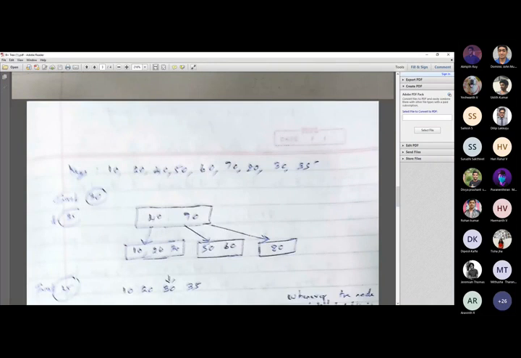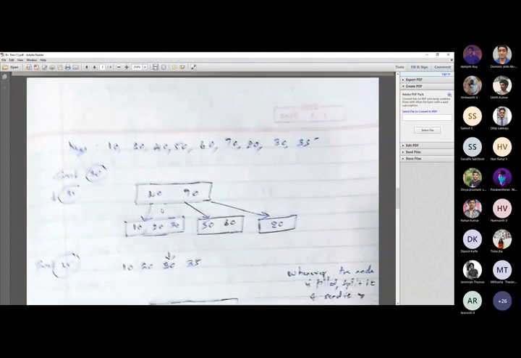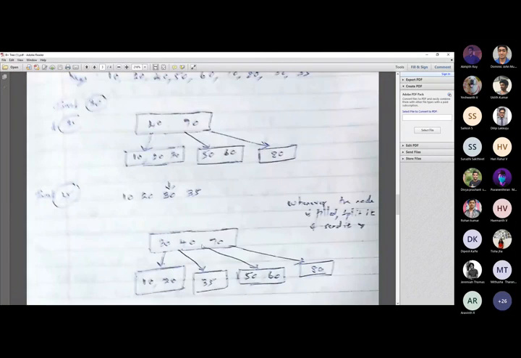Once you want to insert 35, you need to split the left hand side. 30 will go up. Now the root node has 3 key values. Only 3 key values are permitted in the root node, and all the leaf nodes have either 2 keys or 1 key. So this represents a B tree.